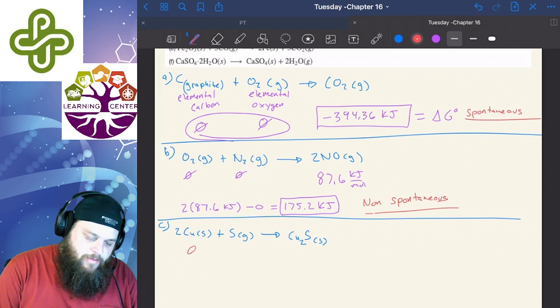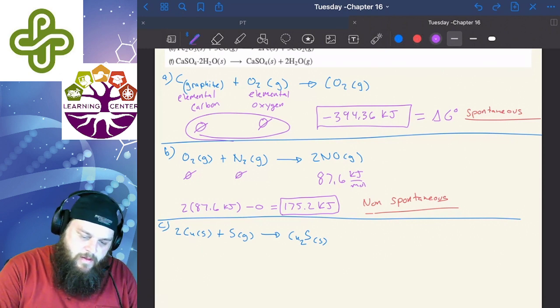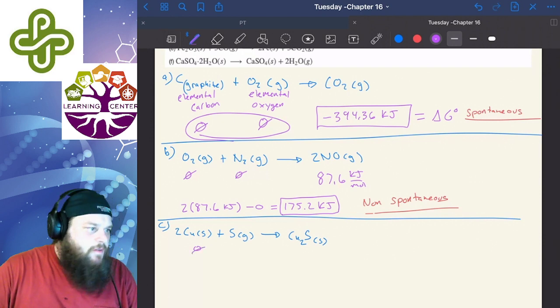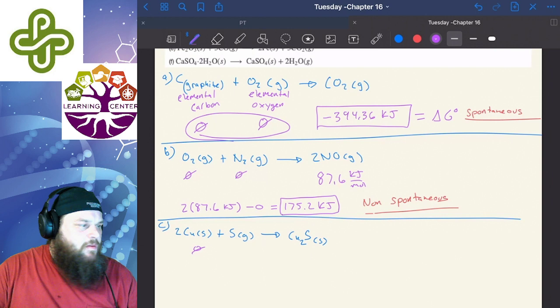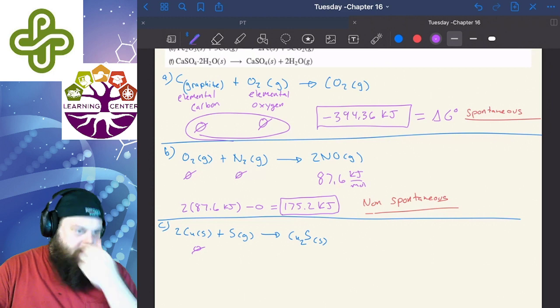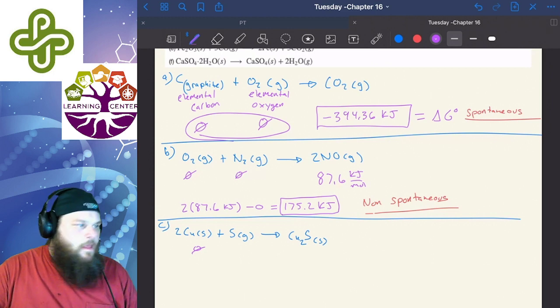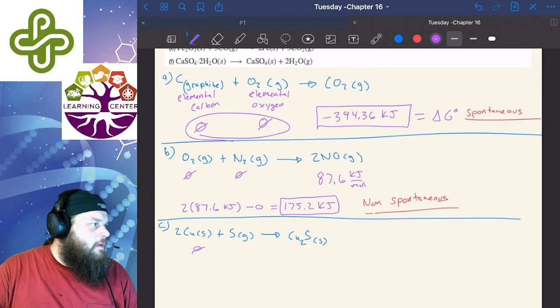Elemental copper, that's going to be 0. Sulfur is also, I think, going to be 0. Oh, it's not, because sulfur gas is not the standard state.